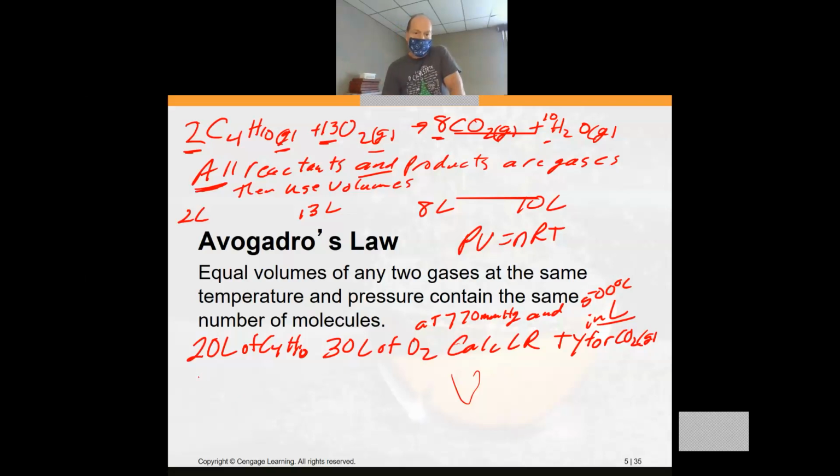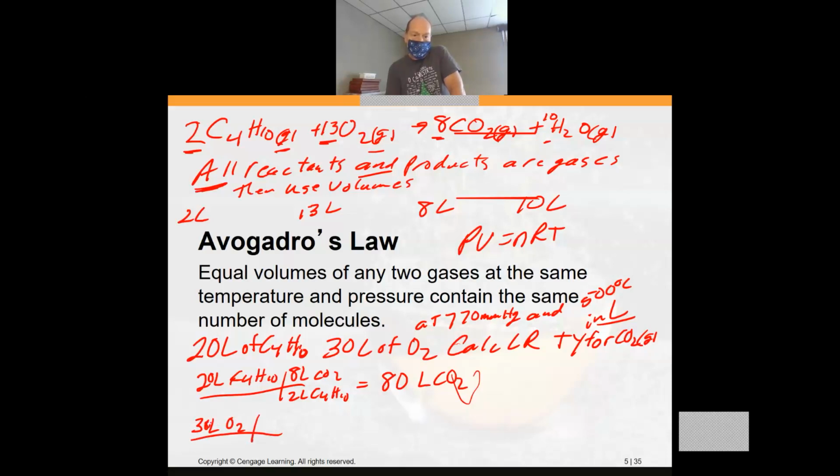You would just say 20 liters of C4H10. You have your volume ratio: 2 liters of C4H10 will produce 8 liters of CO2. And that would give you 80 liters of CO2. Do the same thing with your 30 liters of oxygen.